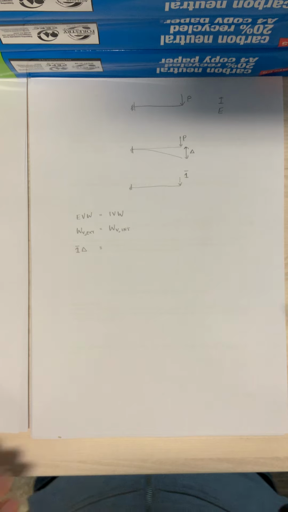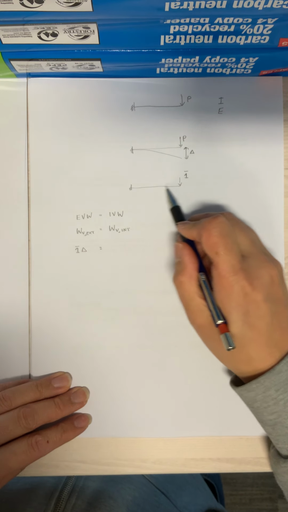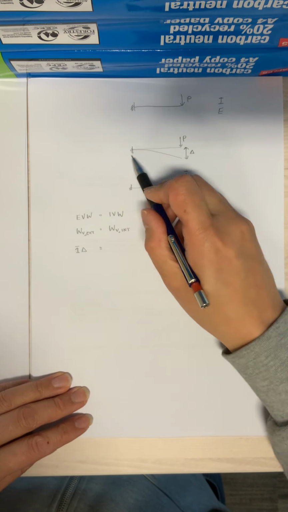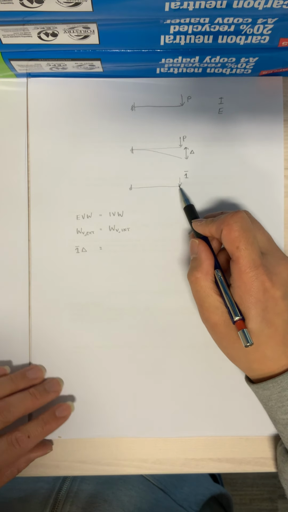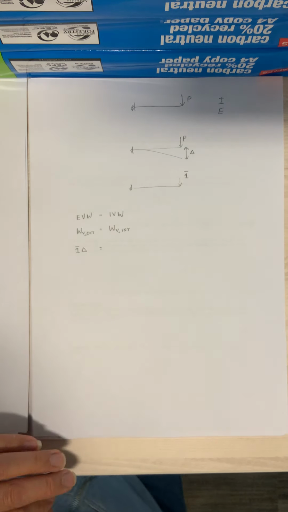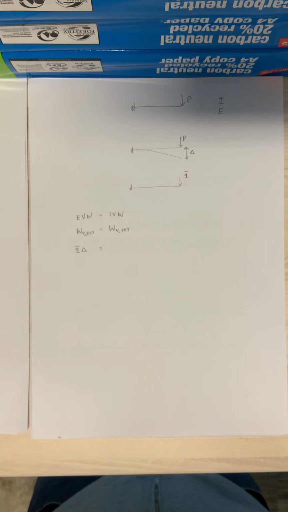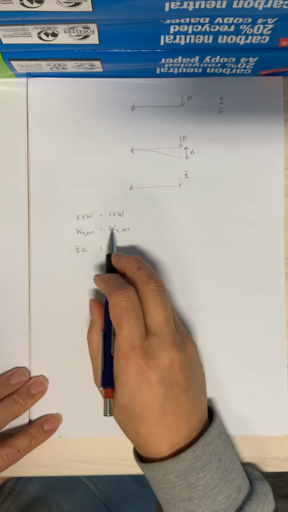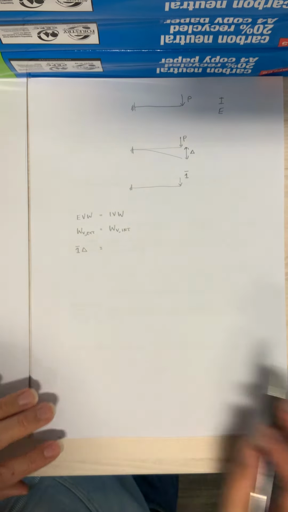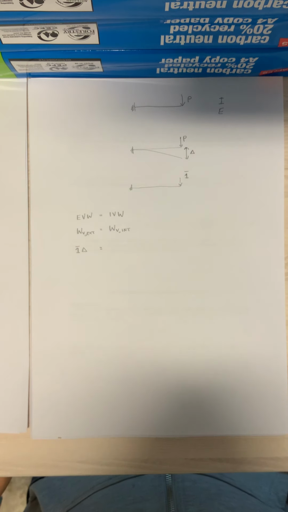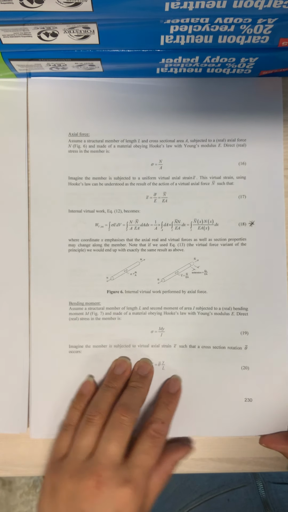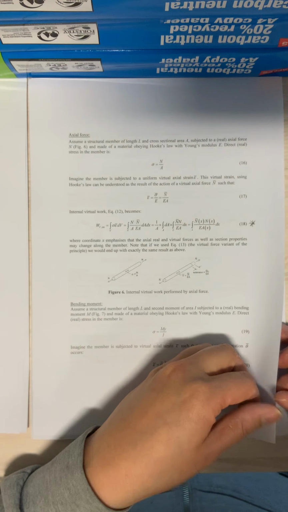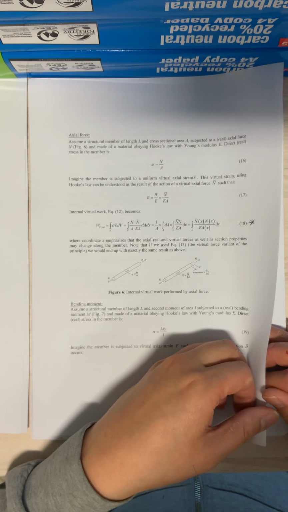So here is the virtual system, or the virtual set of equilibrium, on which the real system is applied. That's one way to think about it. Now in terms of the internal virtual work, let's skip along here to equation 22, which you can see here.